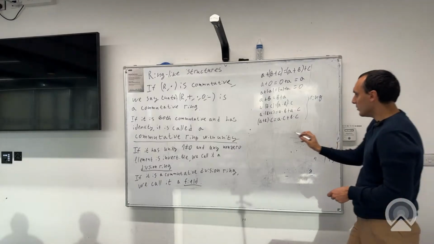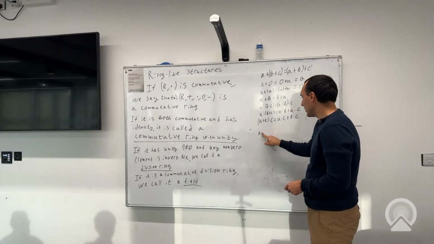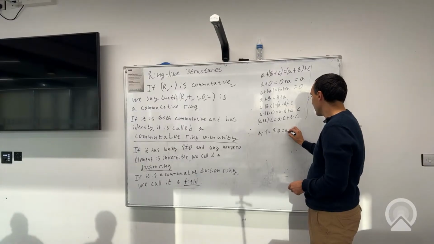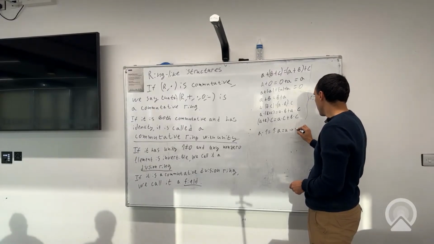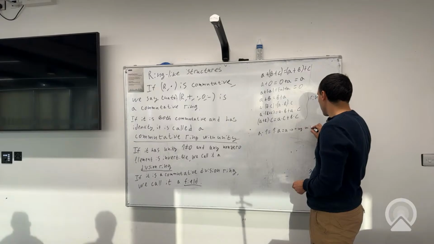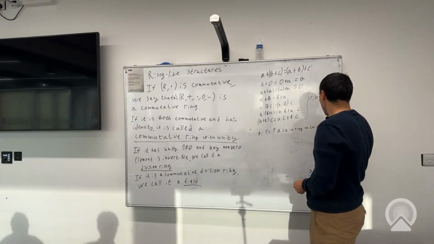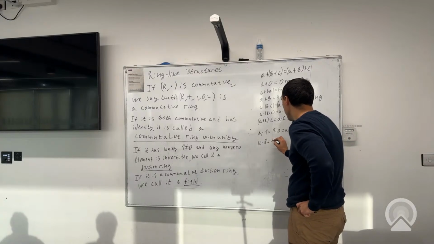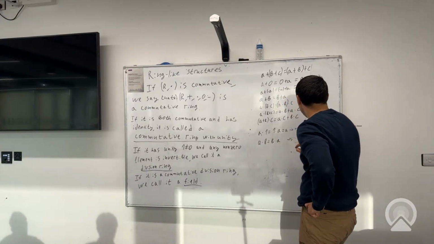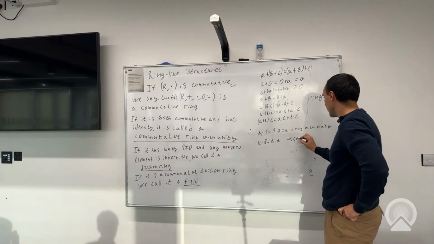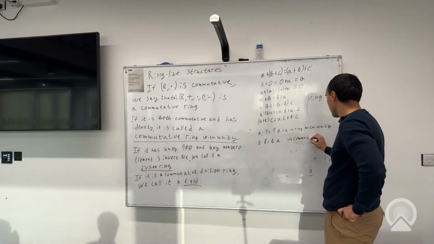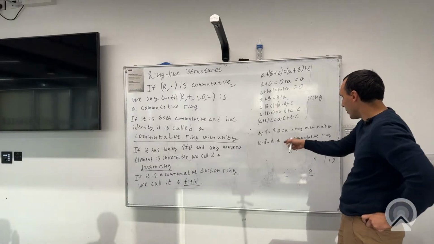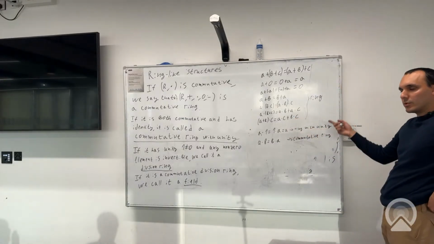Now, if we have identity, so A times 1 equals 1 times A equals A, this is a ring with unity. If we have A times B equals B times A, we have a commutative ring. If we have both, we have a commutative ring with unity.